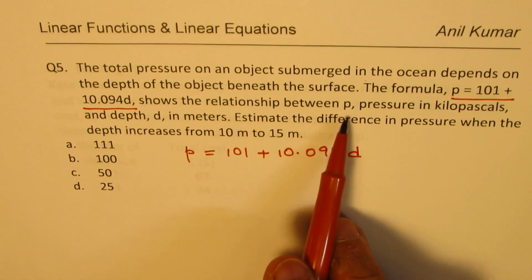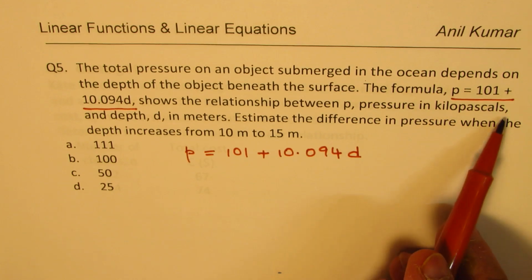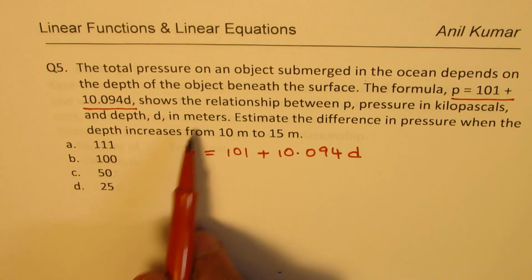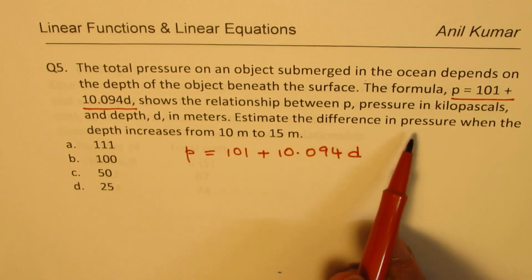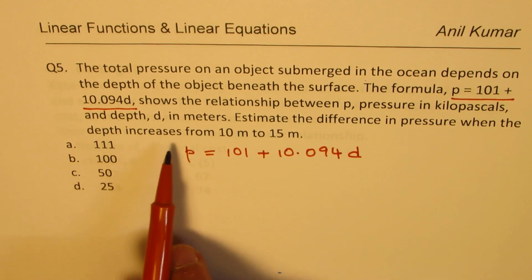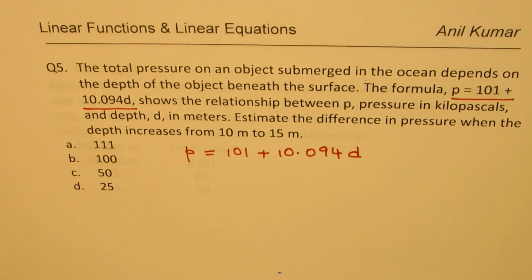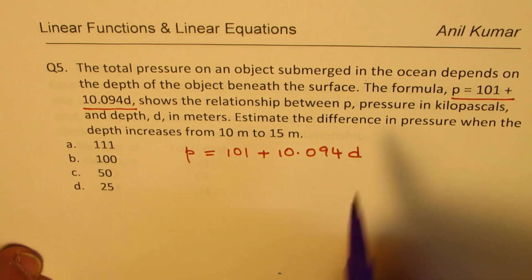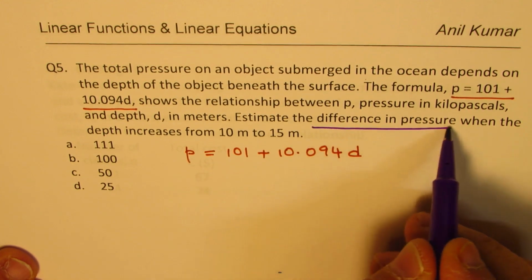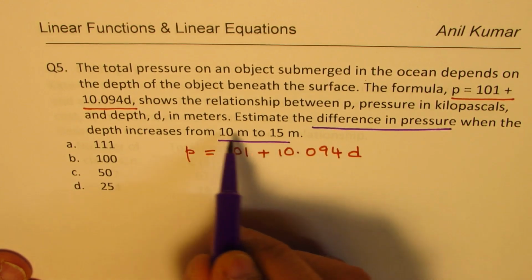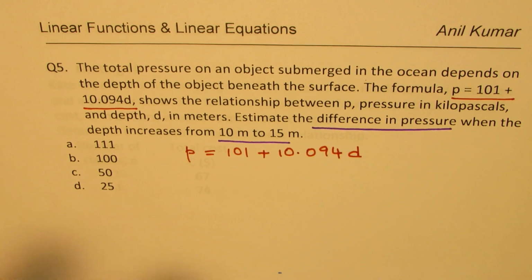It shows the relationship between P, pressure in kilopascals, and the depth D in meters. Estimate the difference in pressure when the depth increases from 10 to 15. So what do you need to find? You need to find the difference in pressure when the depth changes from 10 to 15, which is 5 units. You get the idea, right?